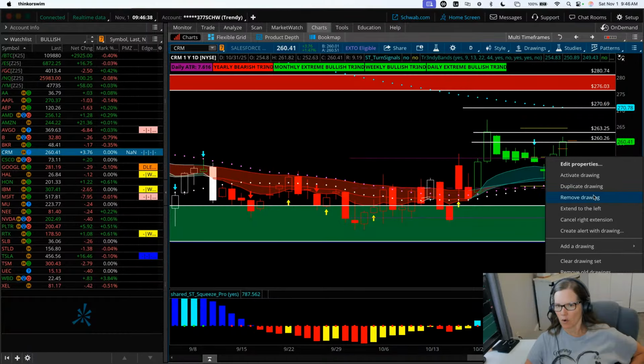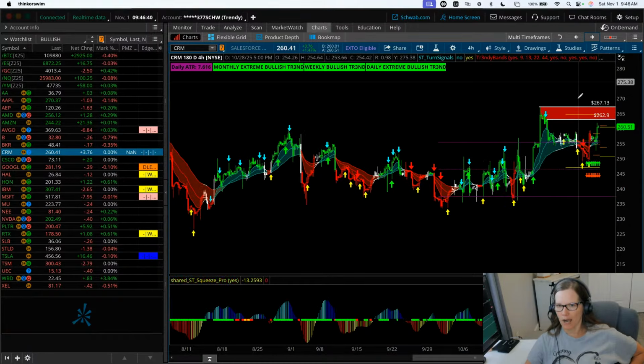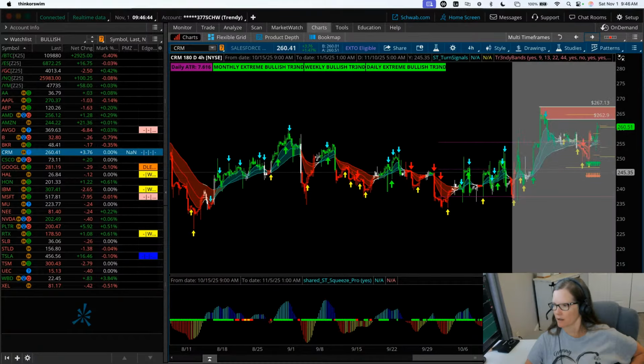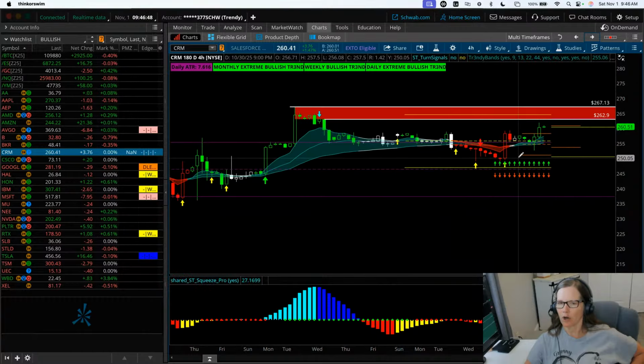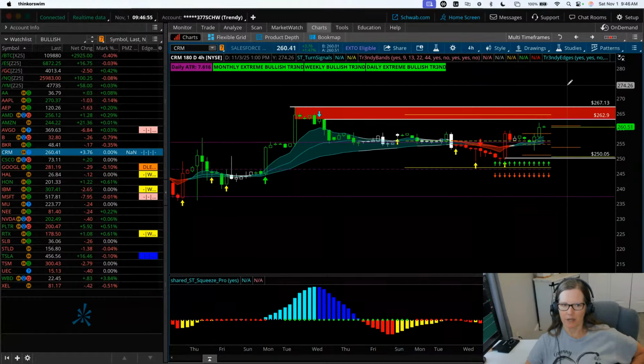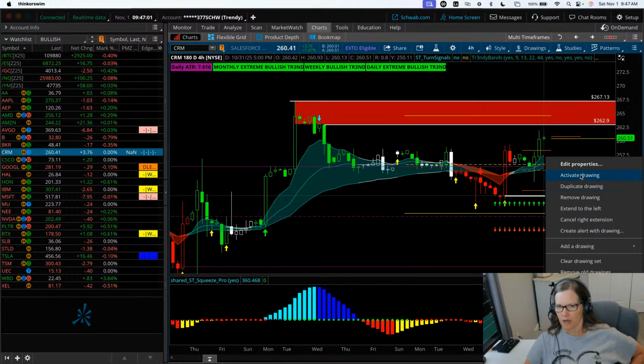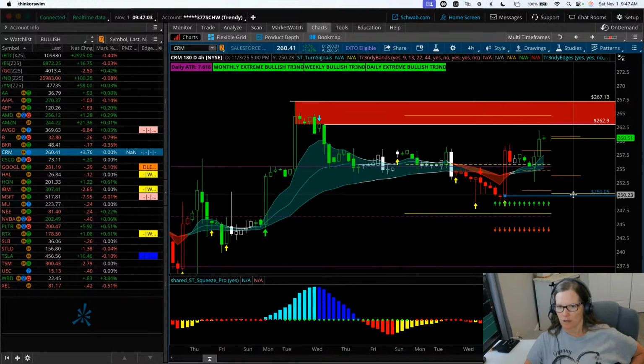Or I go to a 4 hour and I look for a higher zone to trade. Does that make sense? An earlier zone that in this case, it's right here at this lower weekly edge. Just using the lower weekly edge like that.